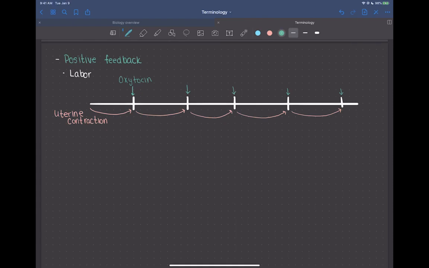Another example of positive feedback is blood clotting. When your blood clots, platelets are going to come and stick, and then they release chemicals that attract other platelets to also stick. Platelets stick and attract more platelets to stick.